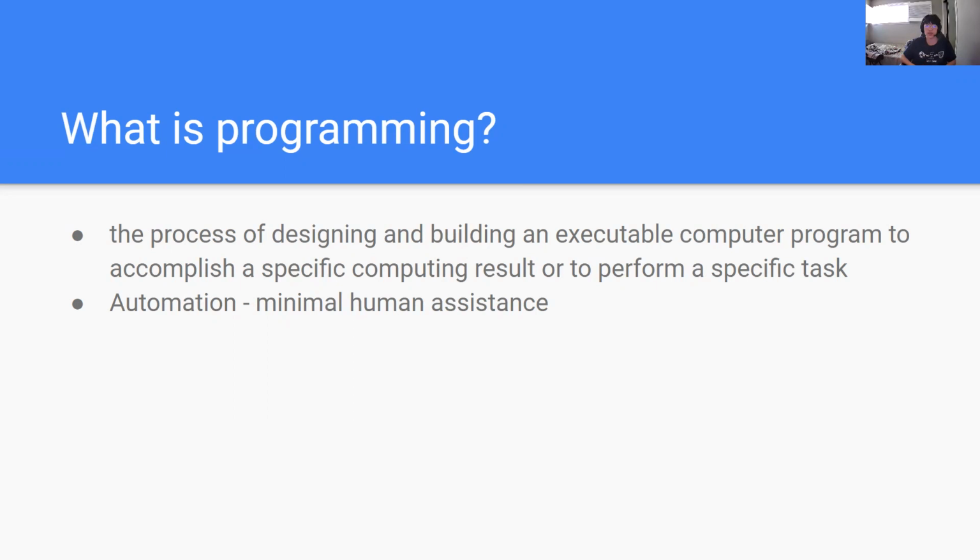Meaning, if I wanted to do 1,000 plus 1,000, well, I could think in my head, that's 2,000. But I can also use a calculator. 1,000 plus 1,000 equals 2,000. I don't have to think. You won't have to think of actually solving it by yourself. That means minimal human assistance.